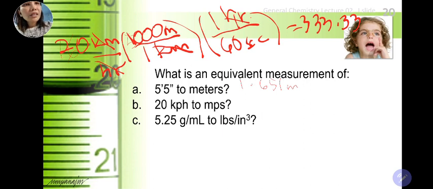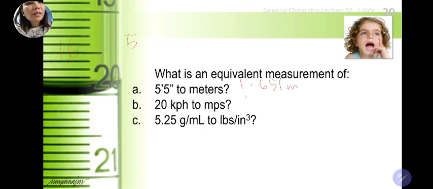Ang matitira lang is meter per second. So, 333 meters per second. Next is yung 5.25 grams per ml.